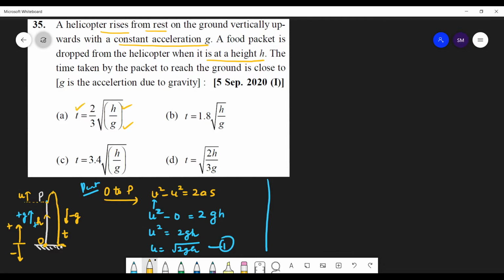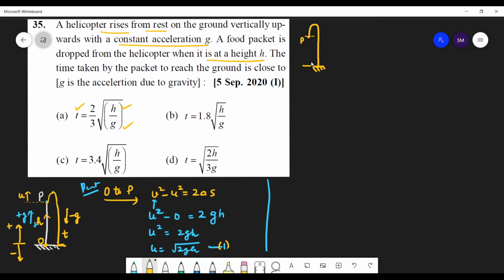Now P to O. So going up and then coming down to the ground. Now students, tell me here, which formula will you be using? Of course this distance is the displacement here.